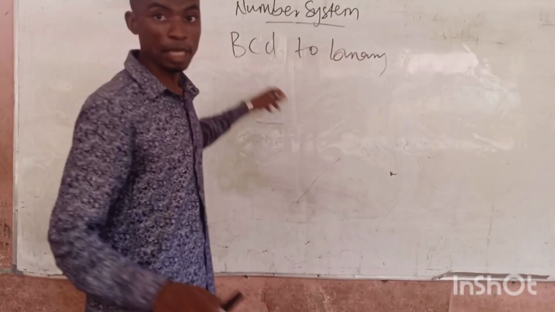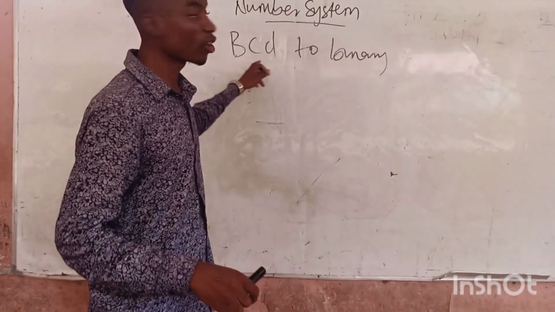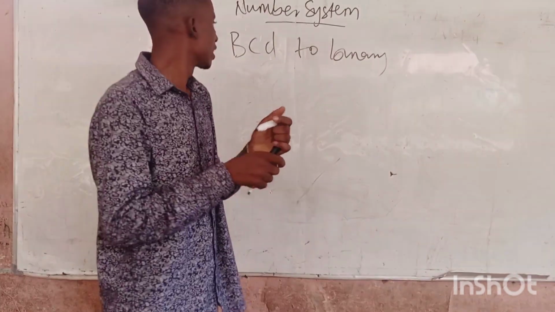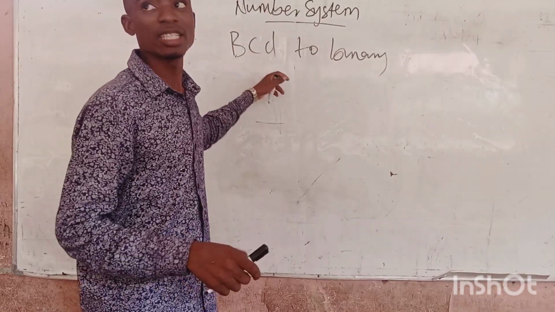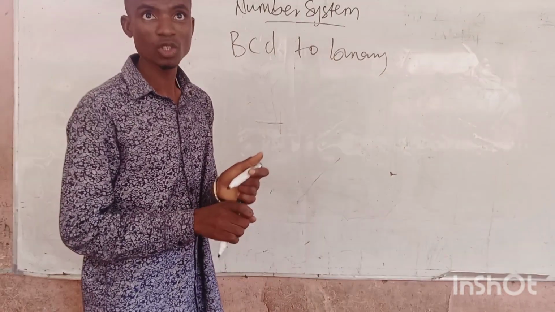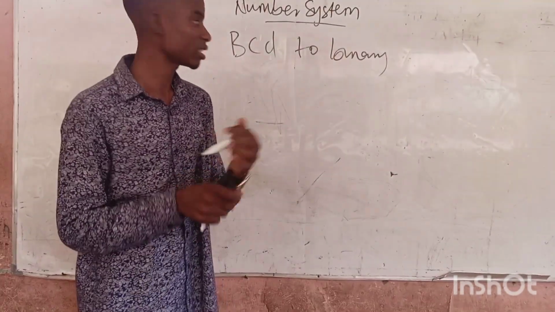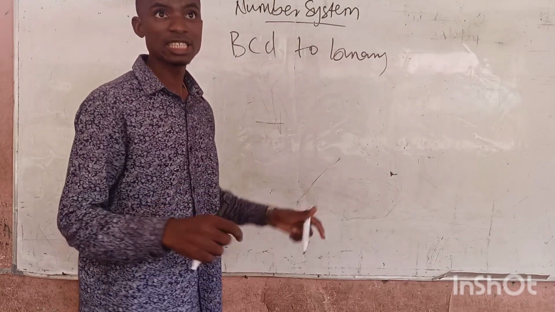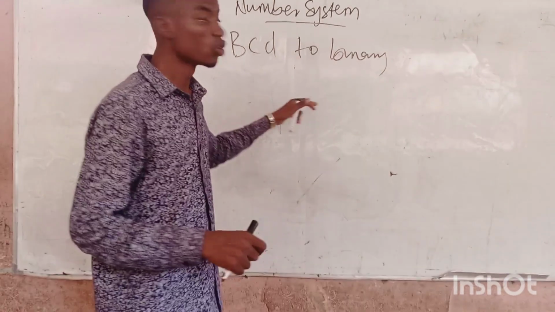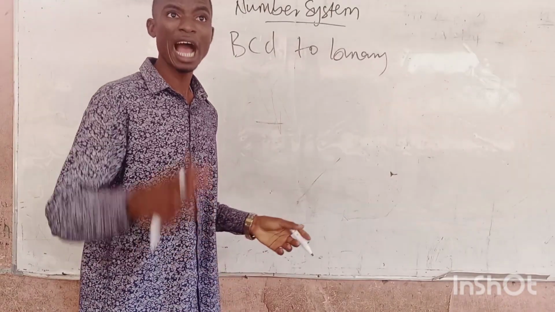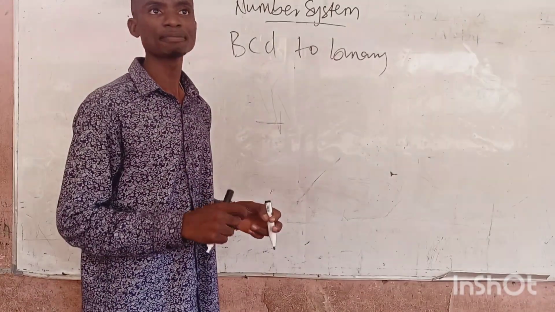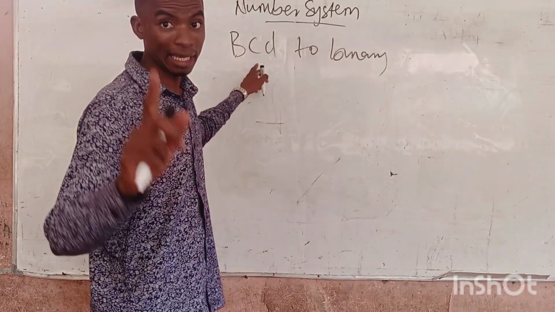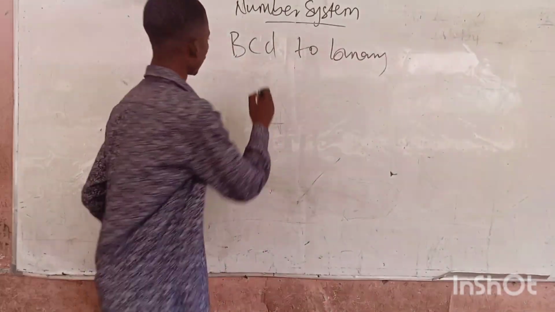You know that BCD simply means binary coded decimal. What it means is that BCD is also a type of number system or a type of decimal numbers that represent digits ranging from 0 to 9, but they have a 4-bit binary code.